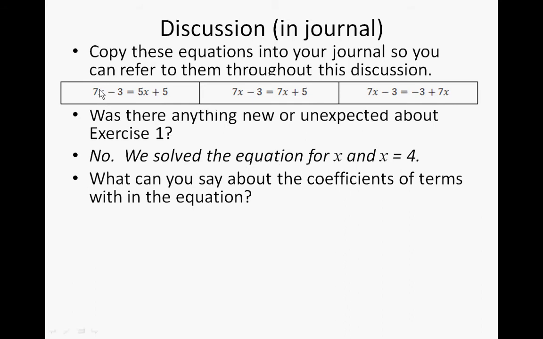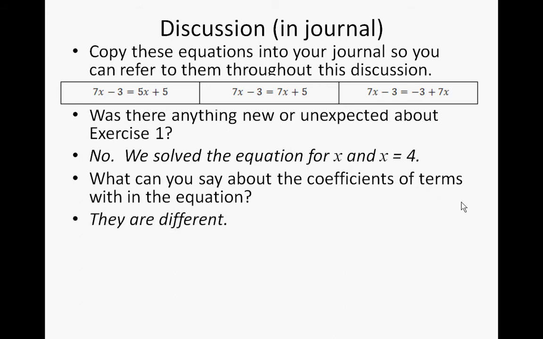Remember, the coefficients are the values that precede a symbol. Any value that has no symbol after it is considered a constant. So right now we're looking at what do you notice about the coefficients in 7x and 5x?